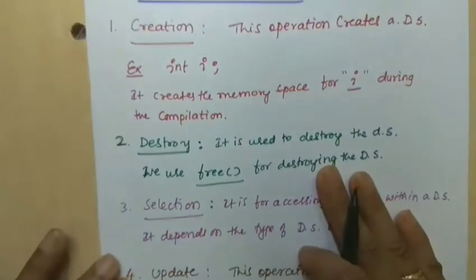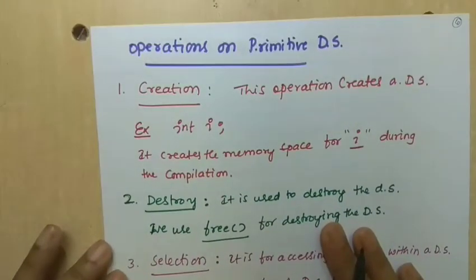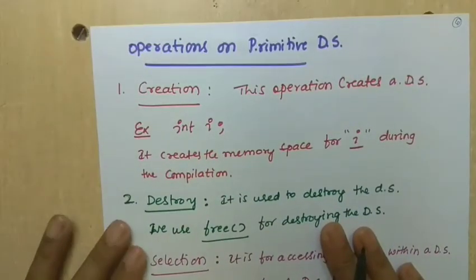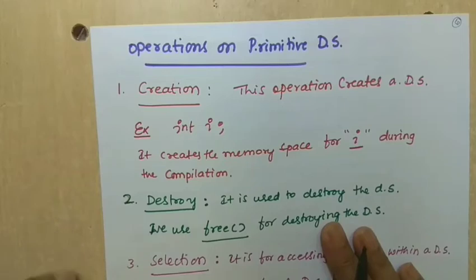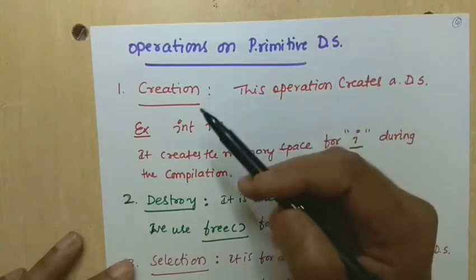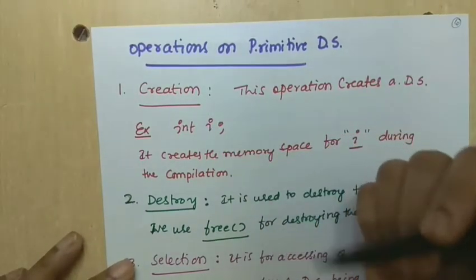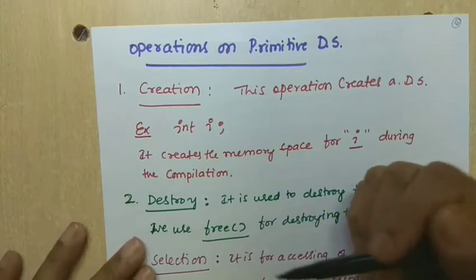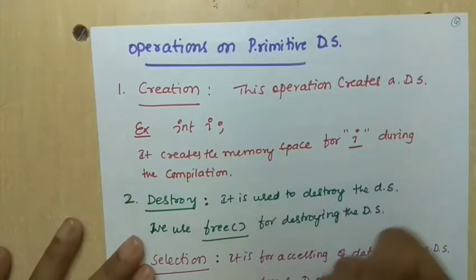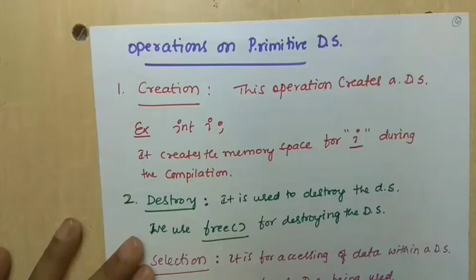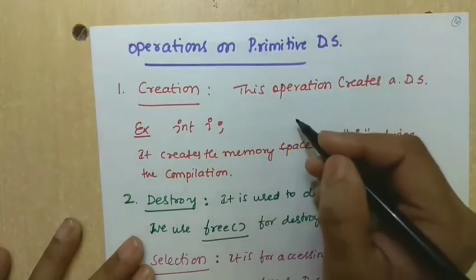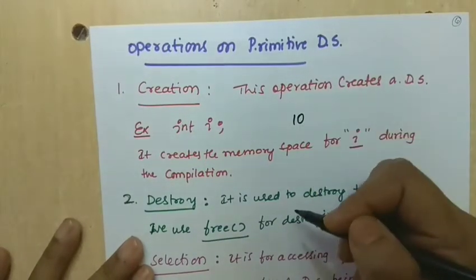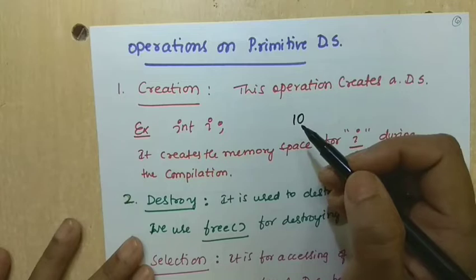Now let us see what operations are performed by primitive data structure. There are four different kinds of operation: creation, destroy, selection and updation. Creation means I need a value 10 and I want to store it. Then how do I store it?